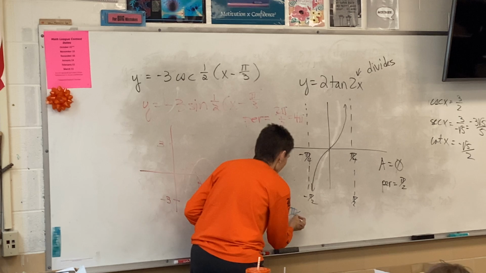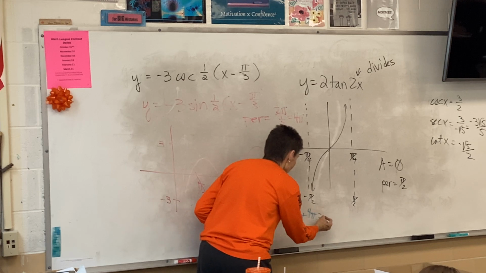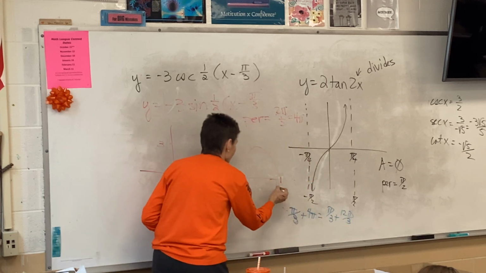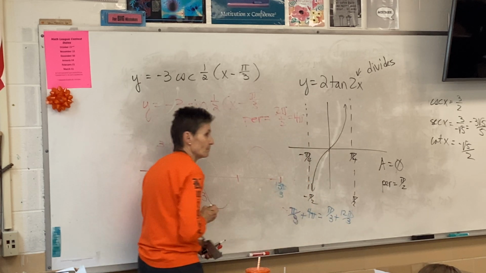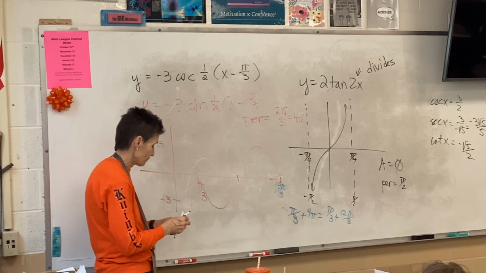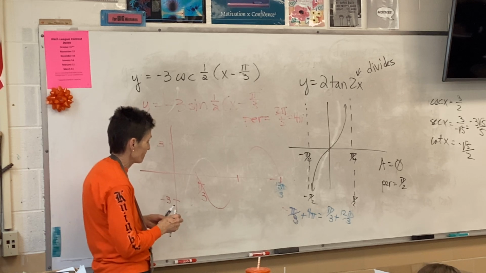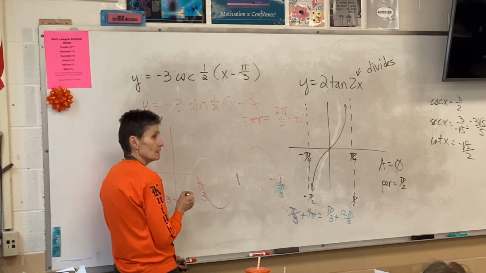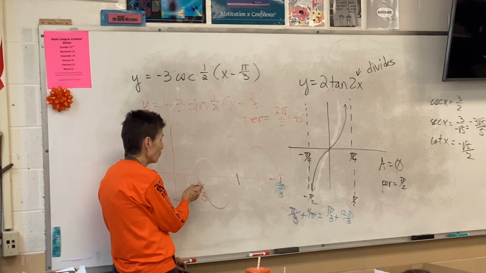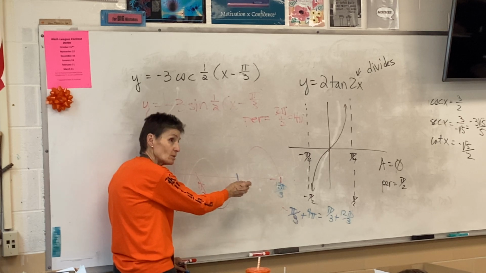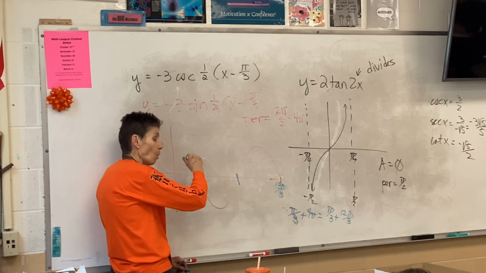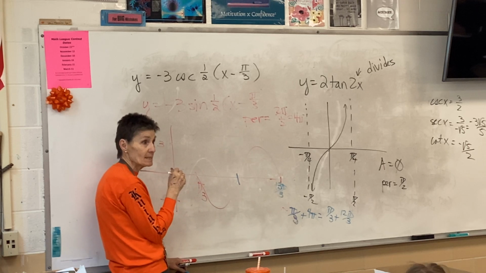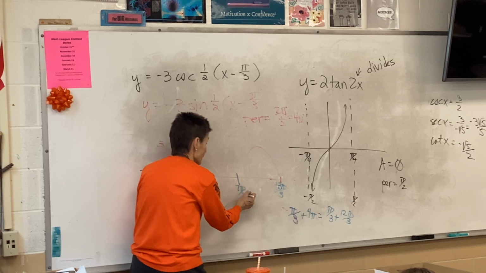So pi over 3 plus 12 pi over 3, 13 pi over 3. This is going to be in the middle of 1/3 and 13/3. So what's 1 and 13? 14, and half of 14 is 7, so this is 7/3.